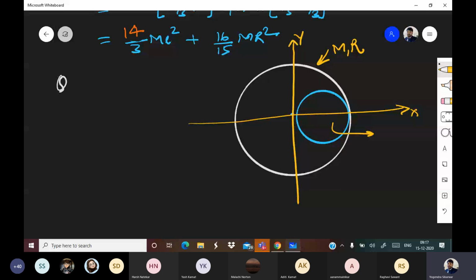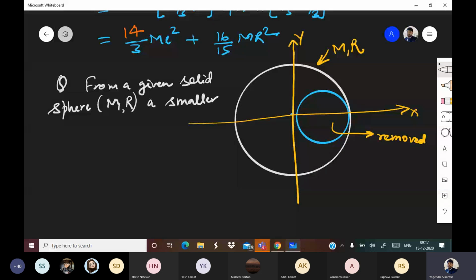Okay. So let me now write the question. From a given solid sphere, capital M R, a smaller sphere or spherical mass has been removed as shown.